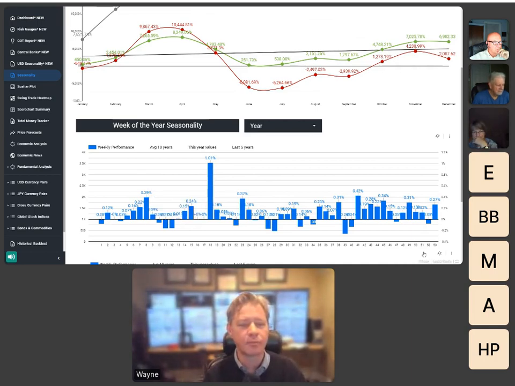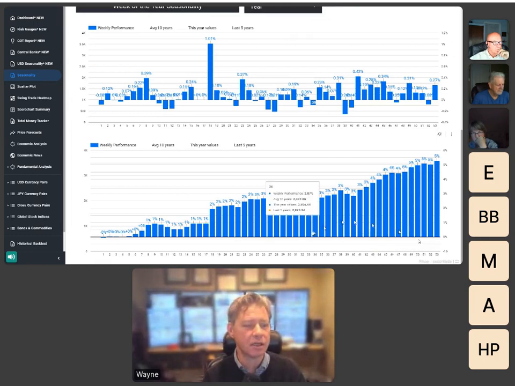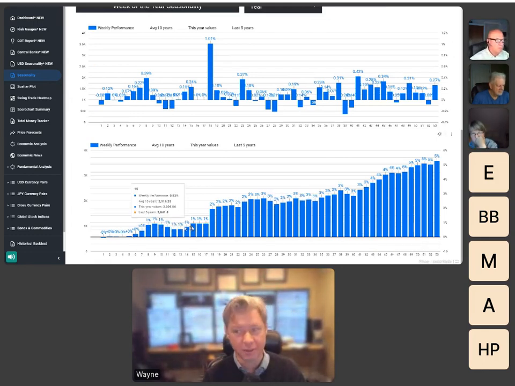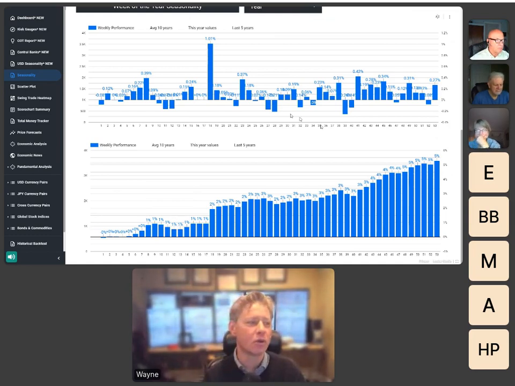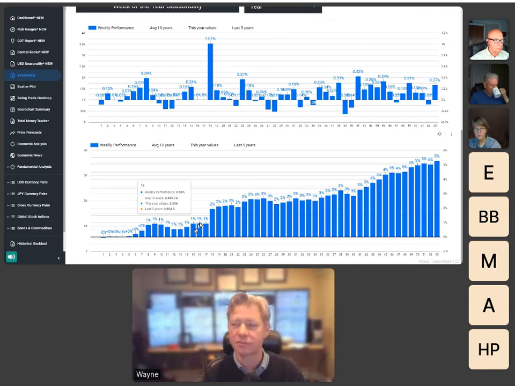Okay, interesting. But then I did it again, but cumulative. This is the shape of the S&P 500 over the last 20 years. This is each individual week, and this is each individual week building up on itself.